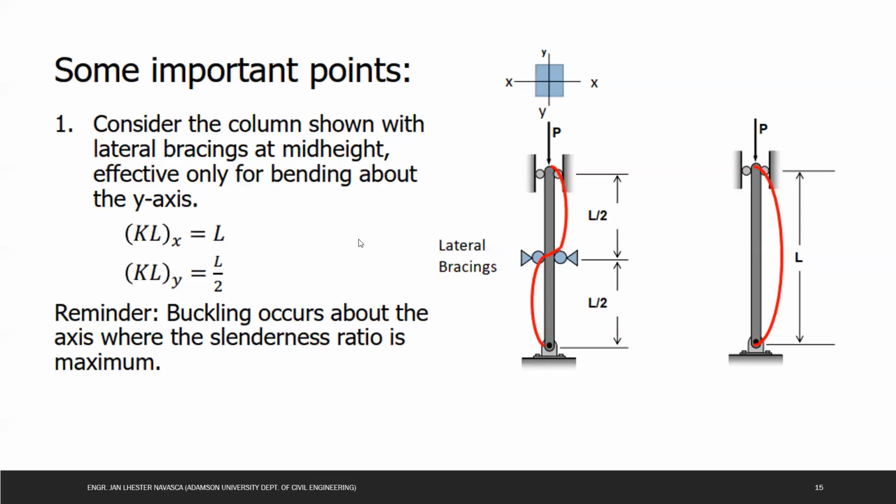So that is the purpose of putting a lateral bracing in our column. According to the problem, let's say the designer put the lateral bracing at the mid height, effective only for the bending in the y-axis.